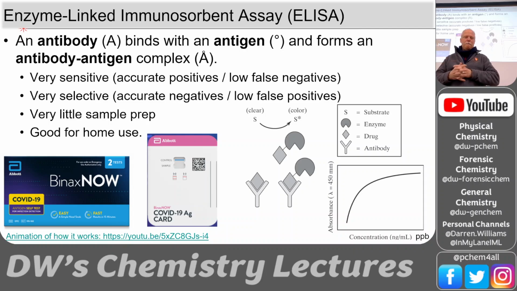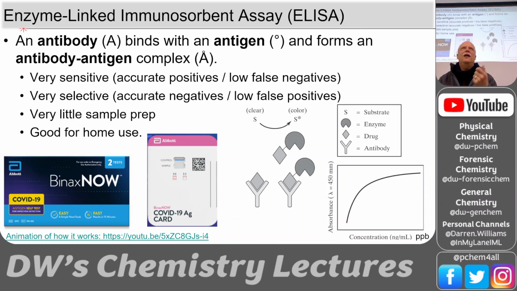Oh my goodness. But these are very, very sensitive because they're using the antibody substrate interactions, which are really selective. If you think about the enzyme and the substrate, these guys are like a lock and key, a very specific lock and key.